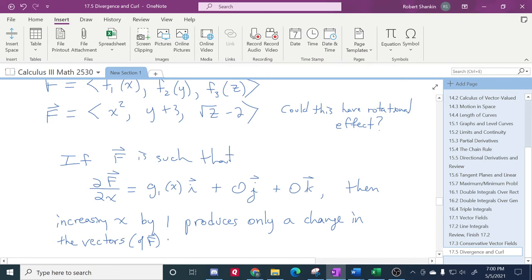Only a change in the vectors of f in intensity in the x-axis direction.